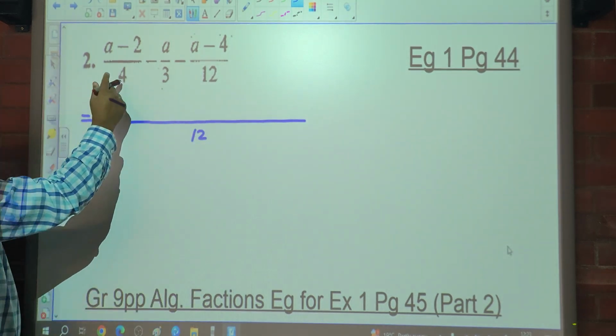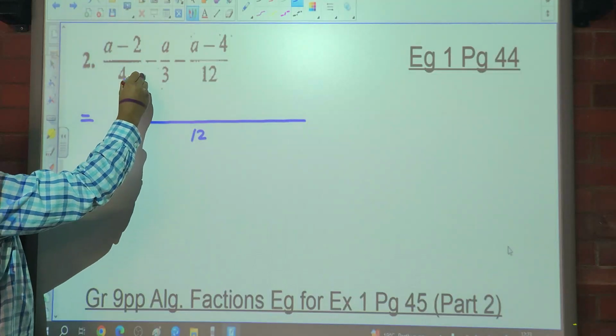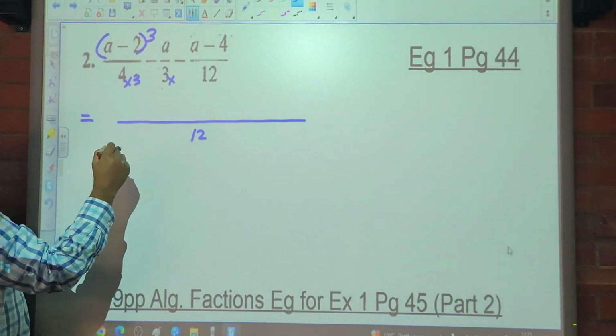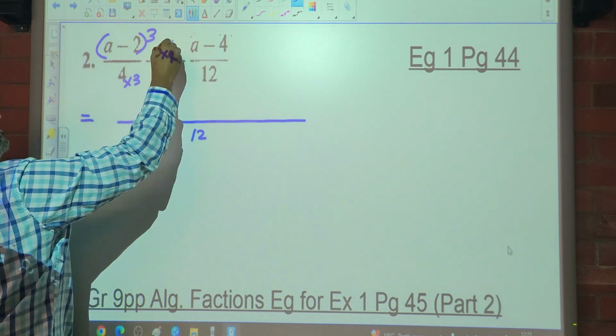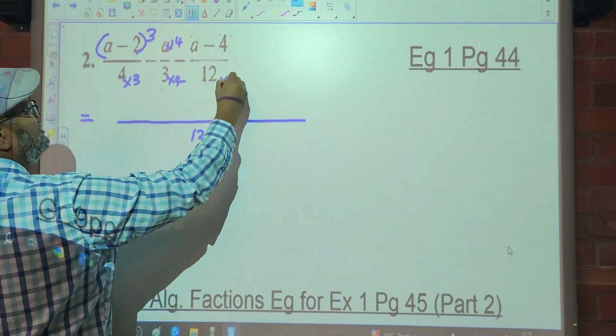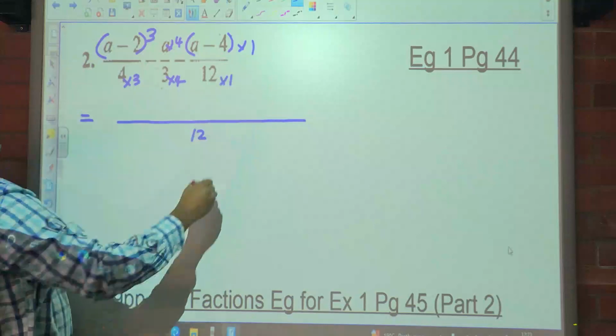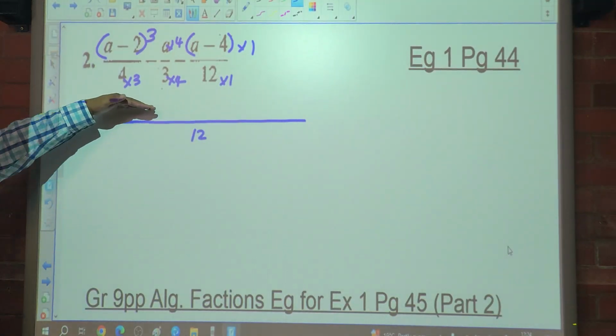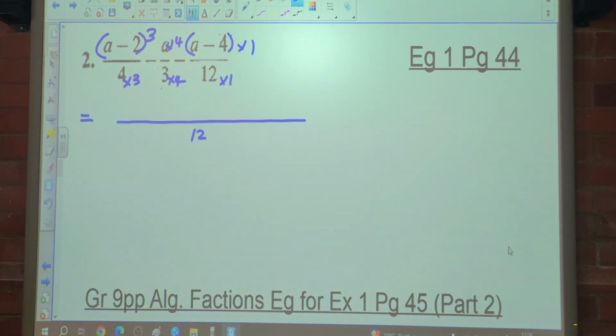Right, so what must 4 be multiplied by to give you 12? 3. So you multiply the top also by 3. 3 must be multiplied by what to give you 12? 4. 12 multiplied by what is 12? Now you guys write for me what's going to go on the numerator here, and then you multiply it out in your next step.